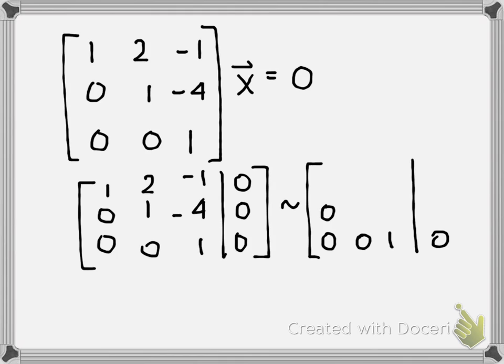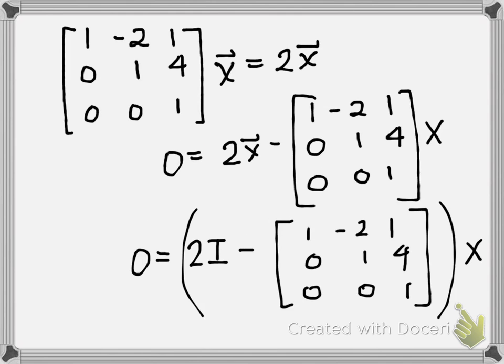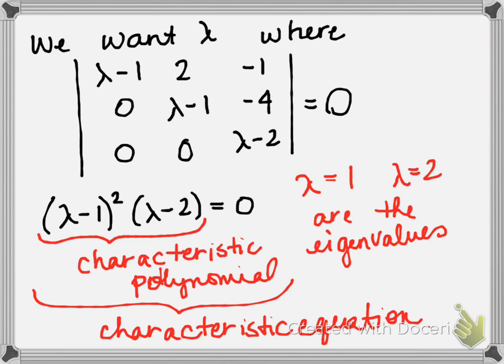Oh wait, I see that I made a mistake, and hopefully you've already seen it too. My mistake was right here. That was not a 1. That was actually a 0, because over here we had a 0 there. We had a 2.